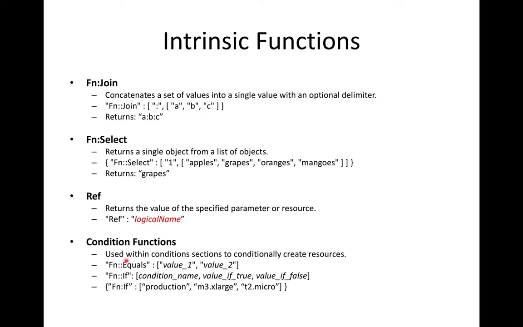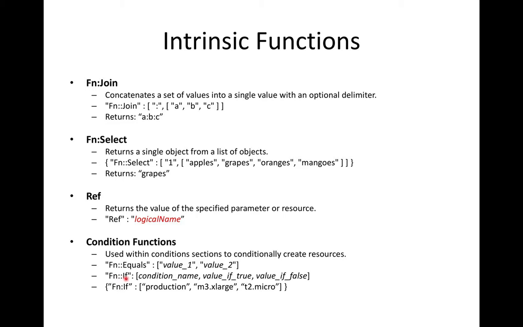The first example here is we have an Equals function, and we're comparing two values to see if they're equal. And if they are, then this function will evaluate to true. The If function creates sort of an if structure.